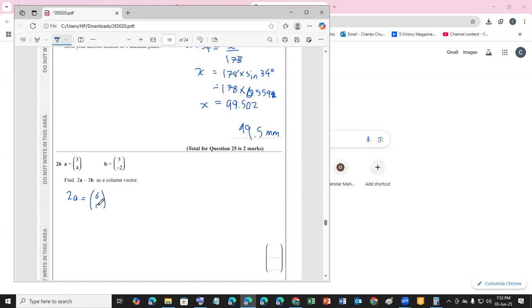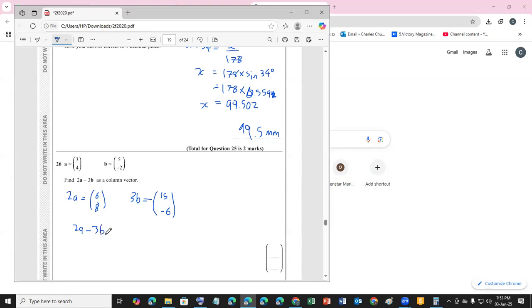And 3B is going to be what? 15 and minus 6. Correct. So therefore 2A minus 3B will give us what?